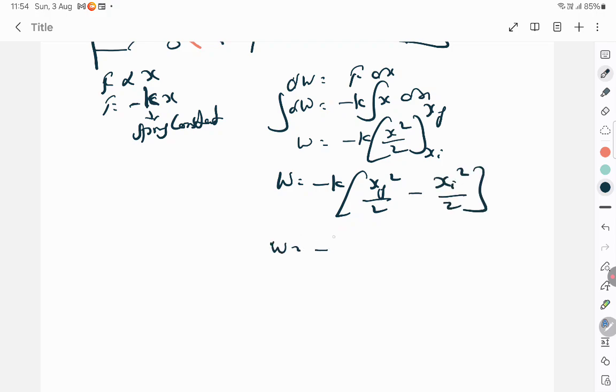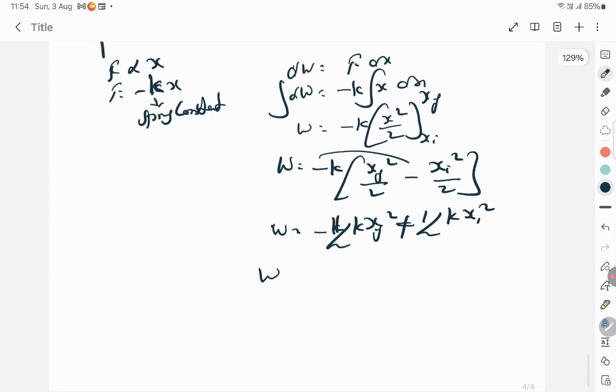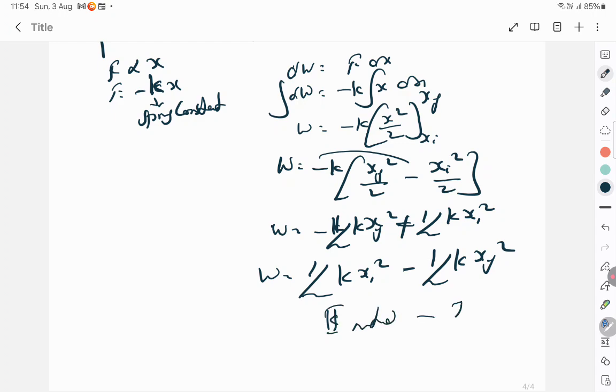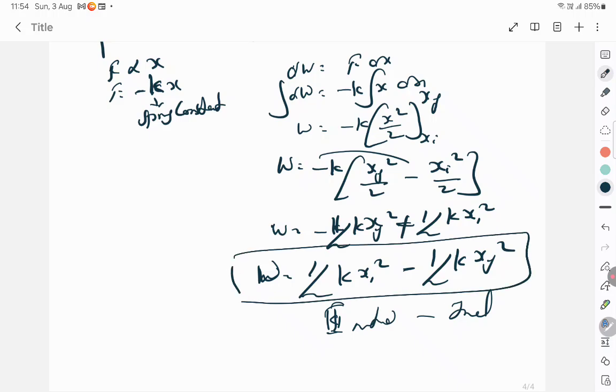The work done is minus half k x final square plus half k x initial square. So then the work done is half k x initial square minus half k x final square. So it's initial energy minus final. Normally it is final minus initial, but because of the negative sign it becomes initial minus final. This is the work done.